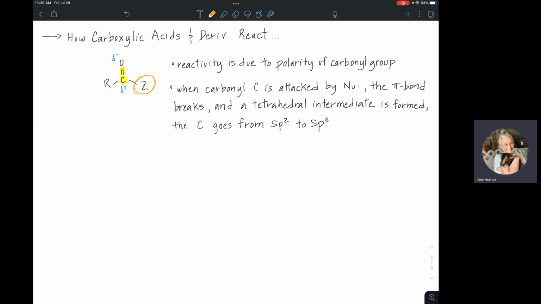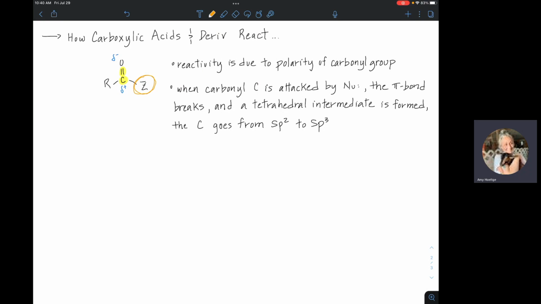If your nucleophile is a weaker base than Z, then it will leave and you don't have a reaction, right? So that's another thing that you want to kind of keep in mind. When the pi bond reforms, your leaving group leaves if it's not too basic, meaning if it's not more basic than the nucleophile that attacked it.